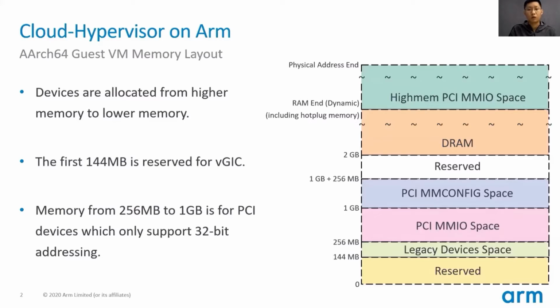Memory from 2 gigabyte to the physical address end is for DRAM and the second part of the PCI MMIO devices. Since we allocate device from higher to lower, the DRAM has a dynamic size which depends on the number of high-mem PCI MMIO devices.